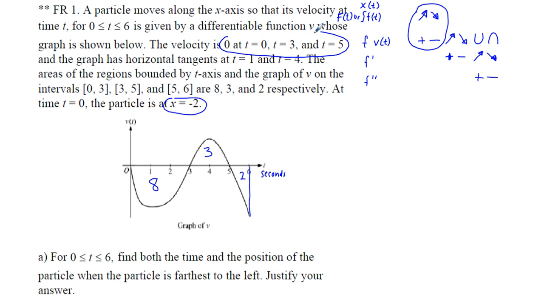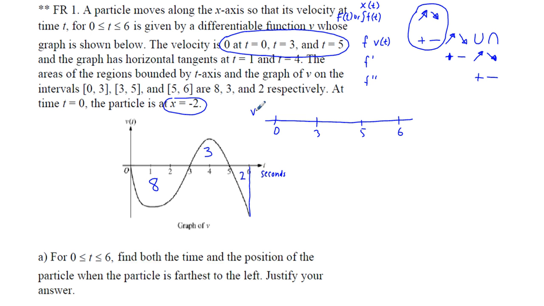Remember, critical numbers are where a function is equal to 0 or undefined. Here our critical numbers are 0, 3, 5, and our endpoint is 6.